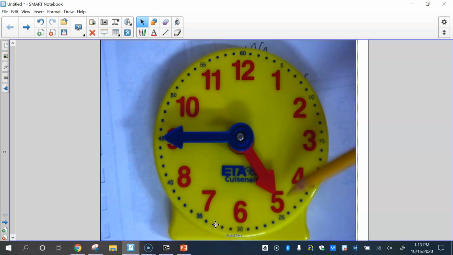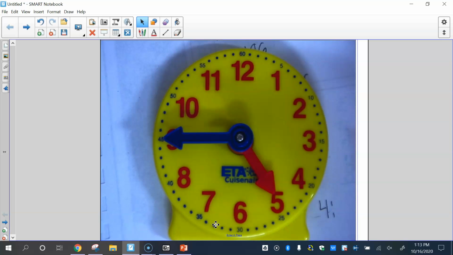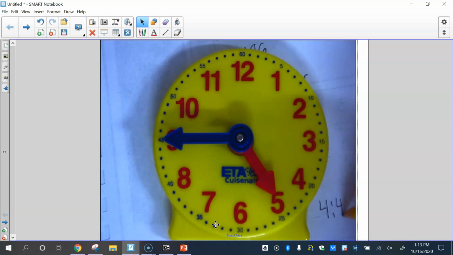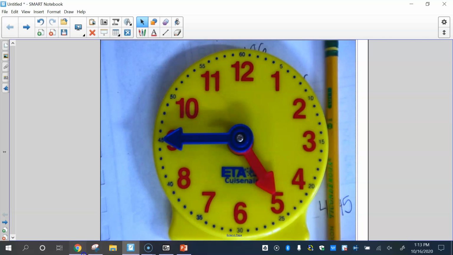It's still in between the 4 and the 5. So if it's not there yet, it loops back to the 4. So it is 4, 5, 10, 15, 20, 25, 30, 35, 40, 45. 4:45.